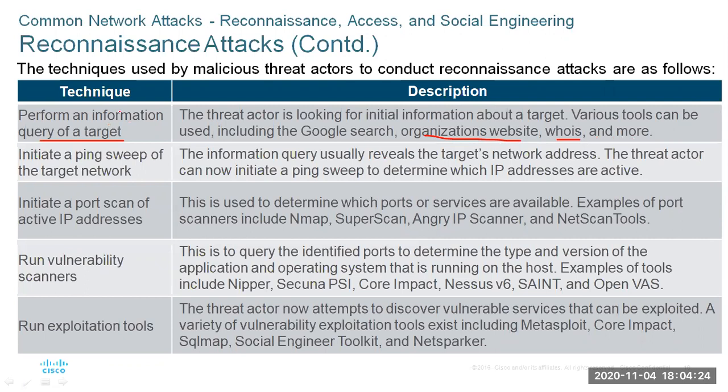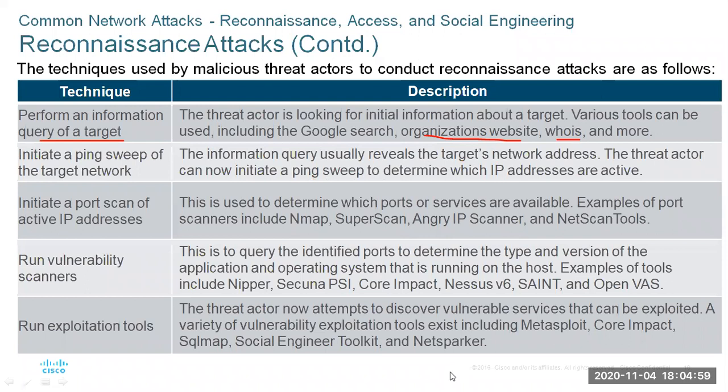Now, another technique, because this first one is just information gathering, is to initiate a sweep of the target. The information query usually reveals the target network address, so the threat actor can now initiate a ping sweep to determine which IP addresses are active.